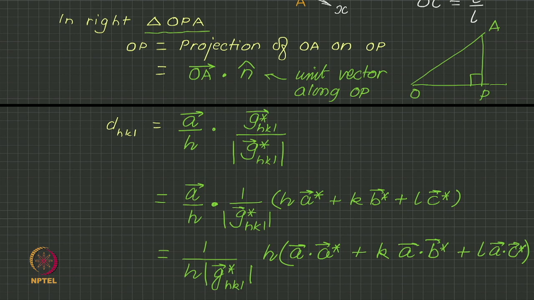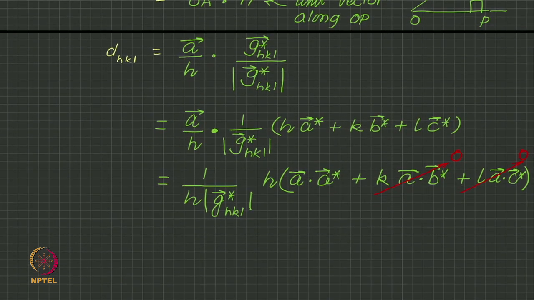Now, what is A dot B star? That is 0. A dot C star is 0, and A dot A star is 1. So, you get a very interesting result.